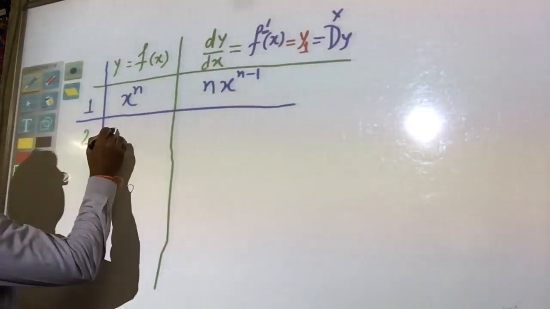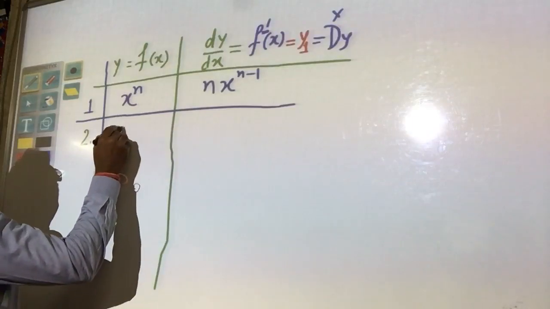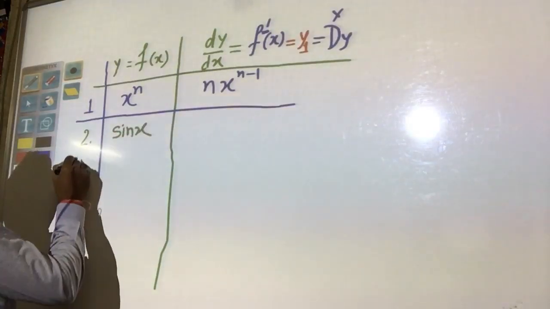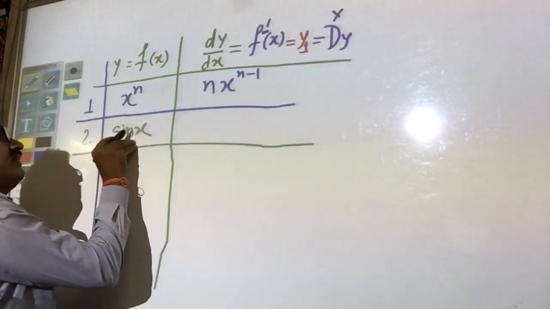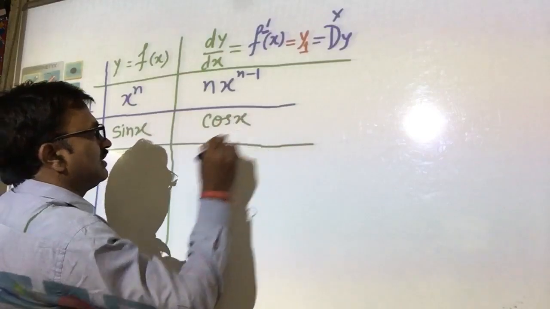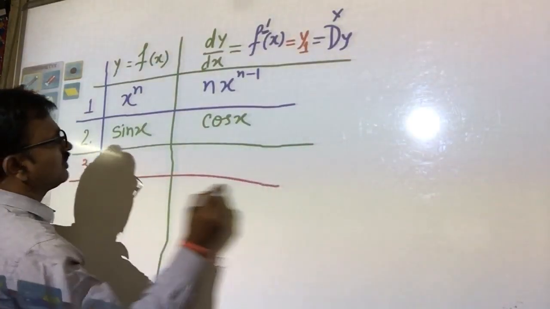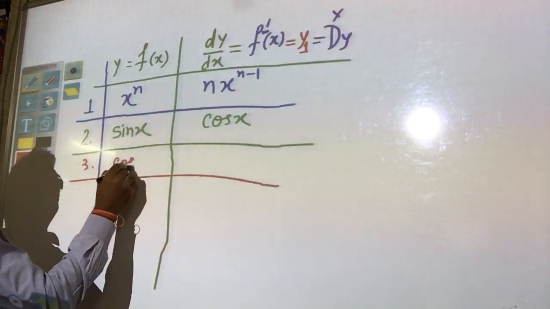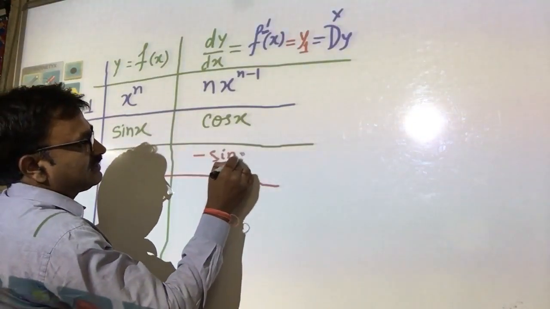Now second are the trigonometric functions. First we read sin x, and the differentiation of sin x is cos x. Similarly, third, cos x. The differentiation of cos x is minus sin x.